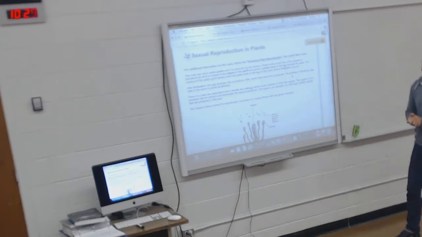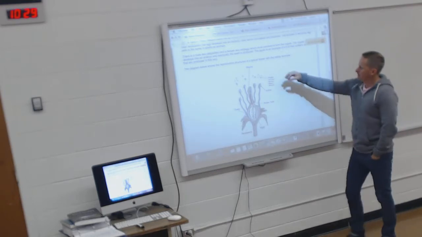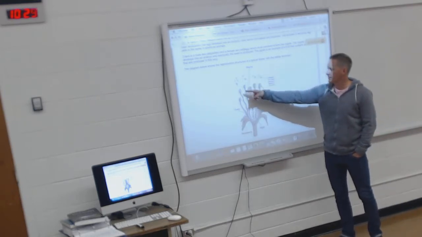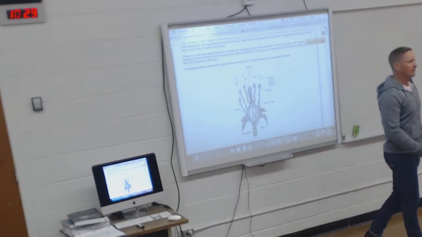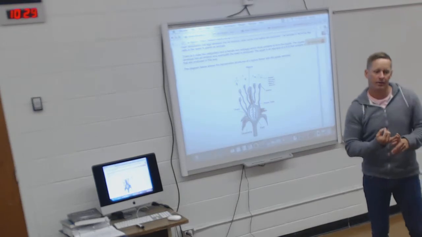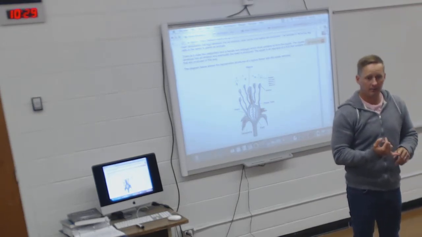The male sex cell is called pollen, and it is produced by the anthers. So just have a quick look here. Pollen is the kind of flaky stuff that's on the end. The anthers are the ends of the plants themselves. All right? So there's a couple ways in which that pollen spreads. What are they? Well, insects, right?